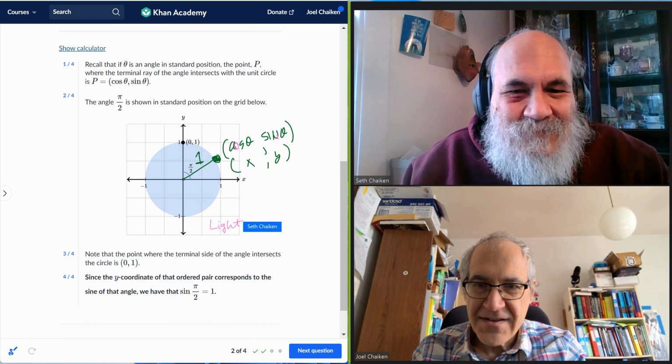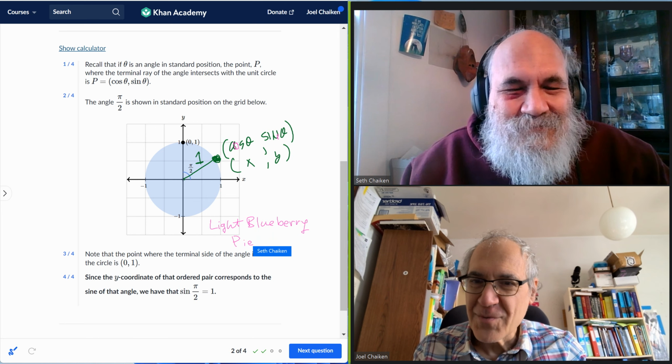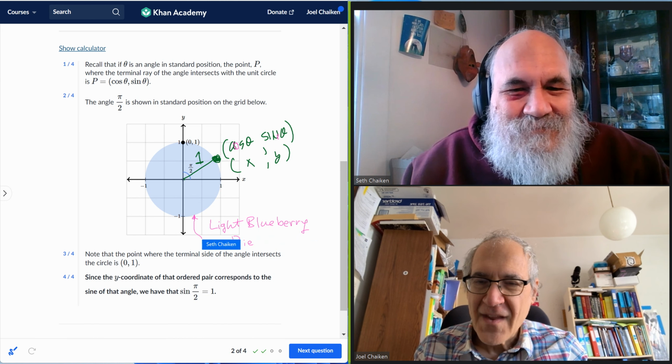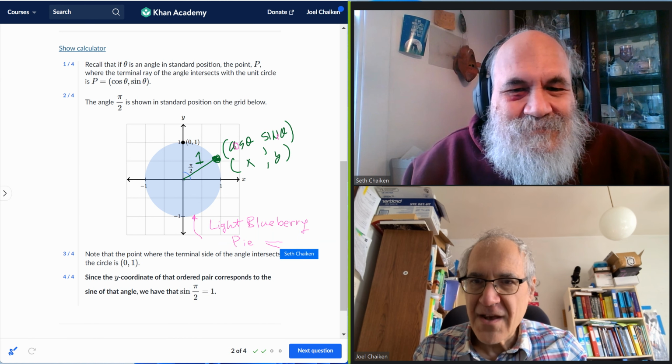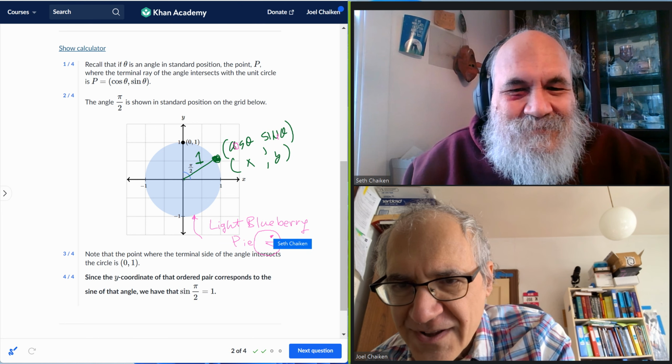Light, light, light blue. Light blueberry. Oh, yeah, it is a light blueberry. That's thinking food. Light blueberry pie. Very cute, he's putting in the blue in the pie. Oh no, I drew that in.